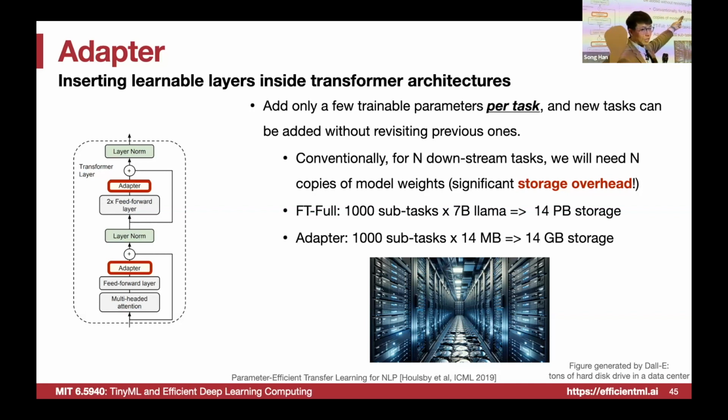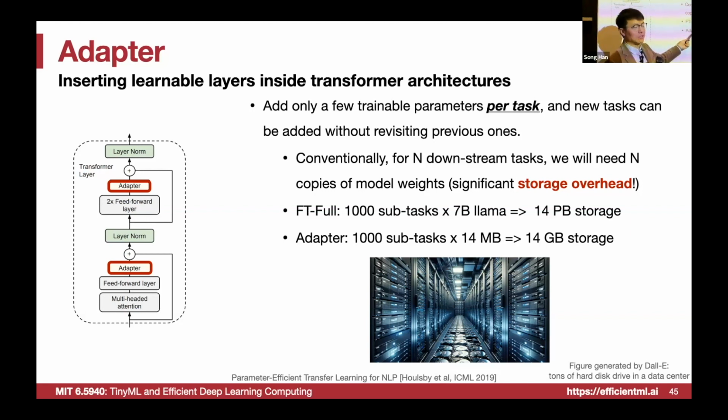Conventionally, you have n downstream tasks, you have law, you have commerce, etc. We will need n copies of the model. If each one is Llama 7B, you need a 7n billion parameter model. That is pretty big. Imagine we have 1,000 subtasks, 7B Llama. That requires like 14 petabytes of storage if it's FP16.